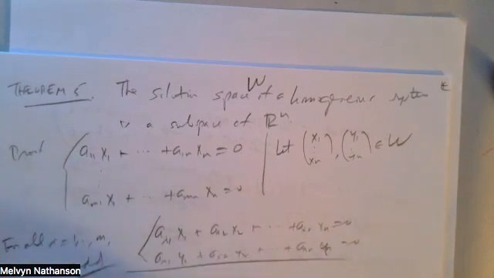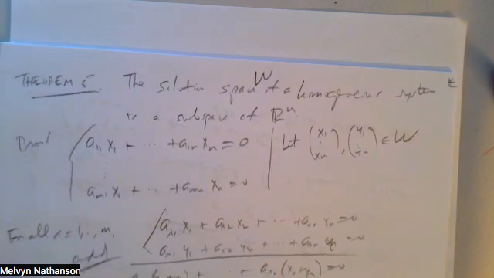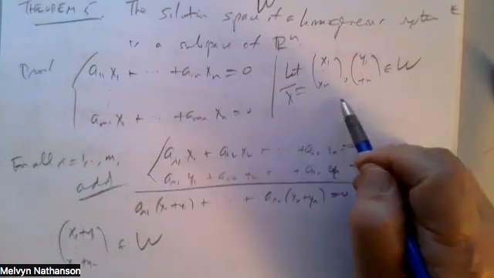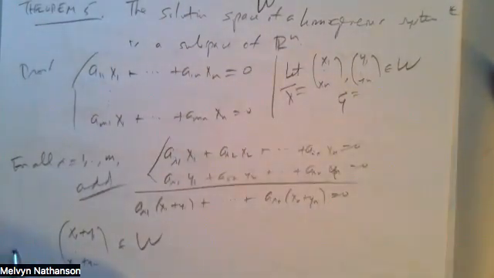But if you add these equations, you get ai1 (x1 plus y1) and so forth up to ain (xn plus yn) equals 0, which means the vector (x1 plus y1, ..., xn plus yn) is also in W. If we call this vector x and this vector y, that means that x plus y is in W.